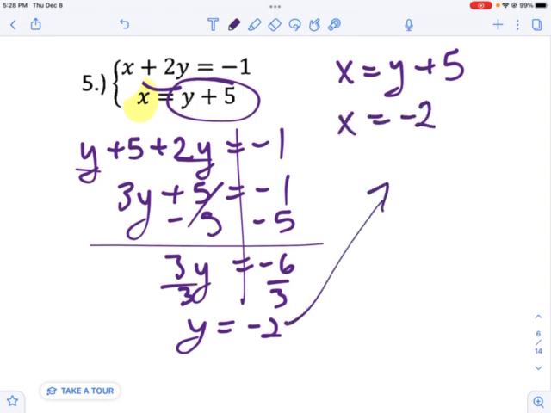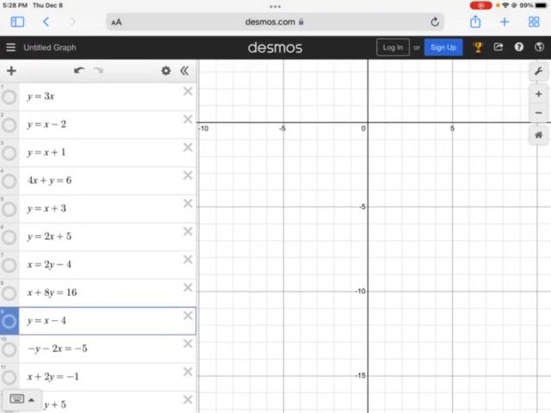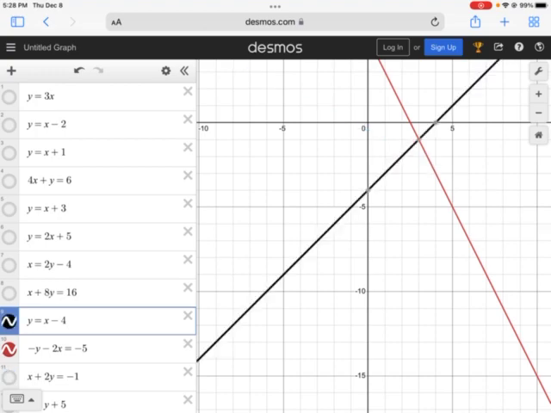And let's check on Desmos. Oops. All right. 3, -2. Hold on. Wait, 3, -1, x equals y plus 5. So 11 and 12. 3, -2. There we are.